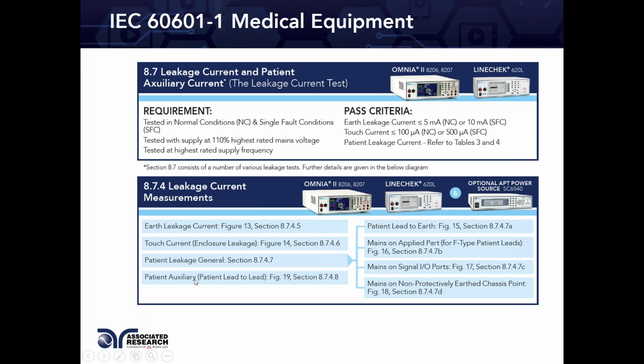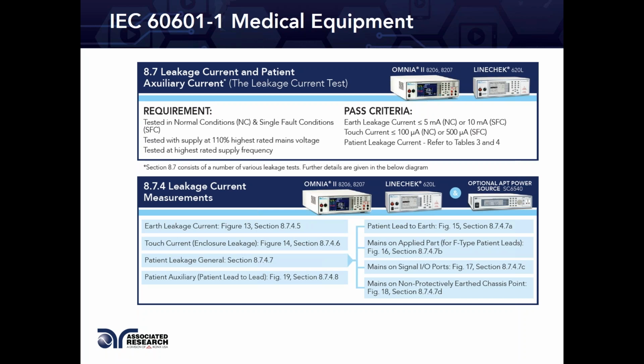So now we're talking not about just the product to earth anymore. Now we're talking about between products. So again, electricity likes to take a path between two separate voltages. If you have 5 volts one place, 25 volts somewhere else, you're creating a voltage drop. So electricity or current itself is going to try to flow between those 2 points. Now, in a medical situation or a hospital environment, there's a possibility that a patient is connected to 2 separate applied parts.